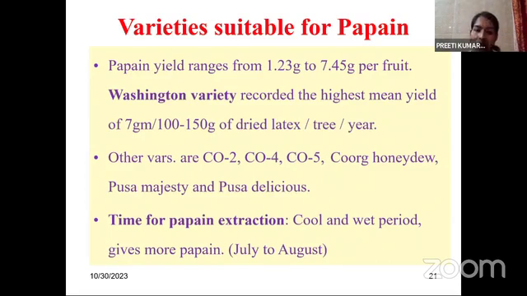Other varieties which can contain papain are CO2, CO4, CO5, Coorg Honey Dew, Pusa Majesty, and Pusa Delicious. The time for papain extraction is the cool and wet period, when the temperature is cool and wet it gives more papain, like July to August.